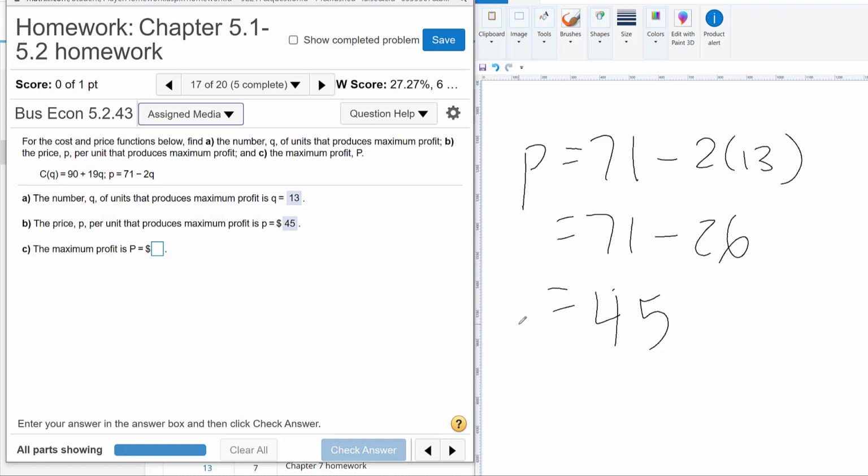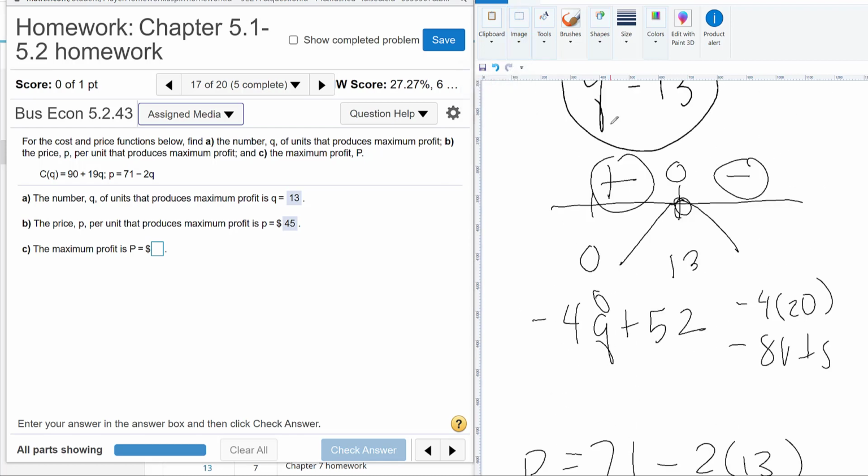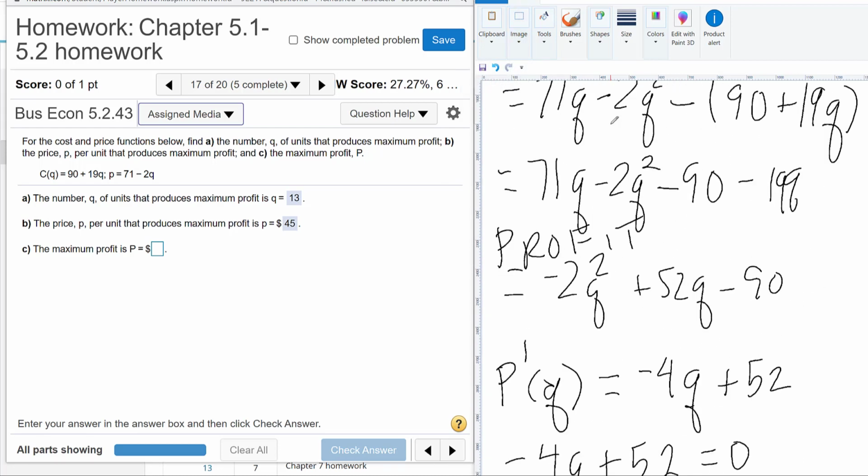Now, what is our maximum profit? Well, if the number of units we need to produce is 13, what we need to do now is put 13 into the profit function. So let's go back up here. Your profit function is this function right here. Remember where we subtracted the cost from the revenue?